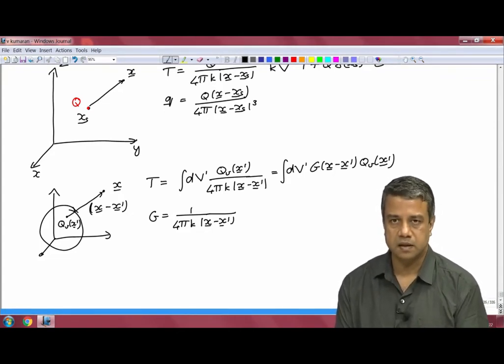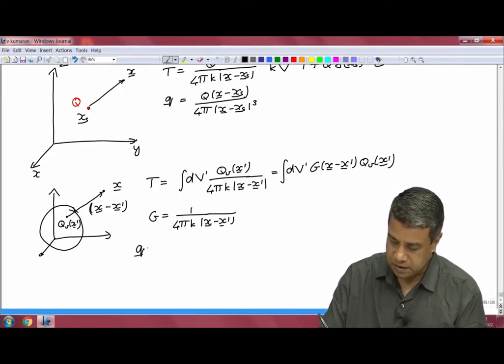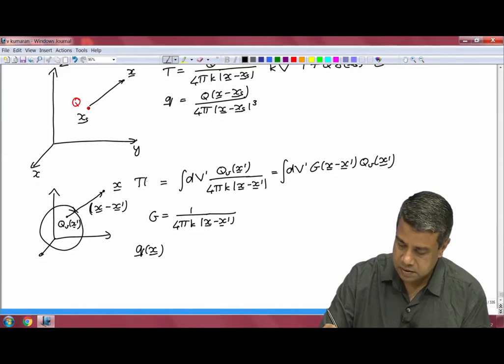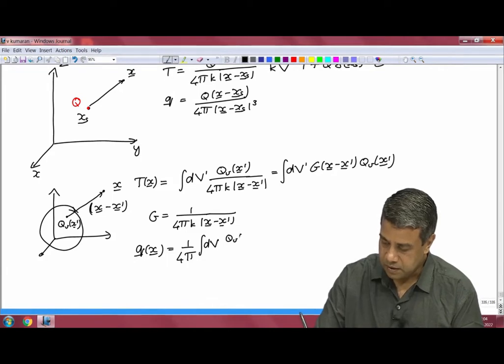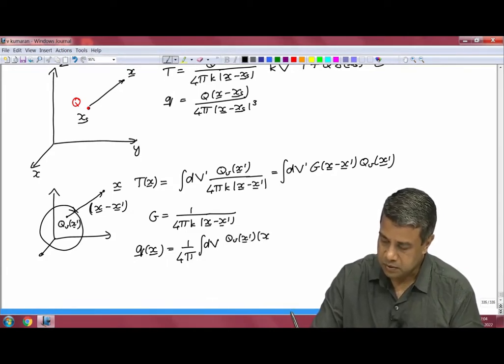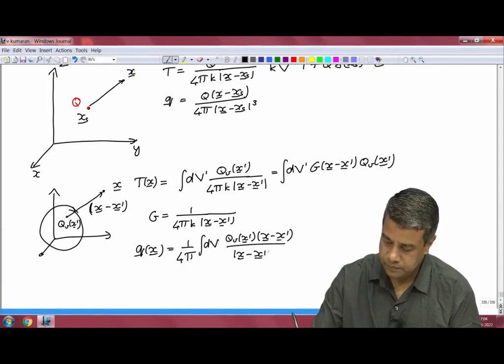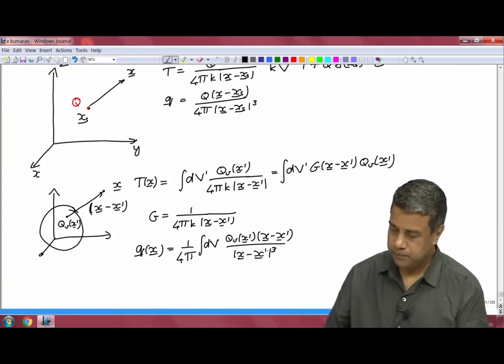And the flux vector at the location x, this being the temperature at the location x, is equal to 1 by 4 pi integral dv prime of qv of x prime into x minus x prime over the distance whole cubed.